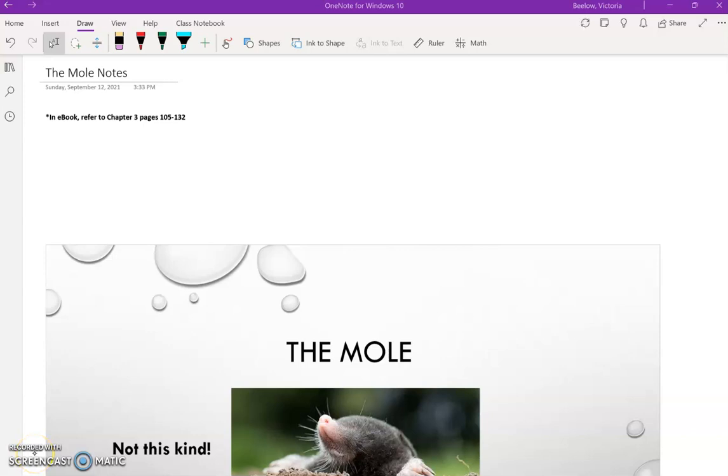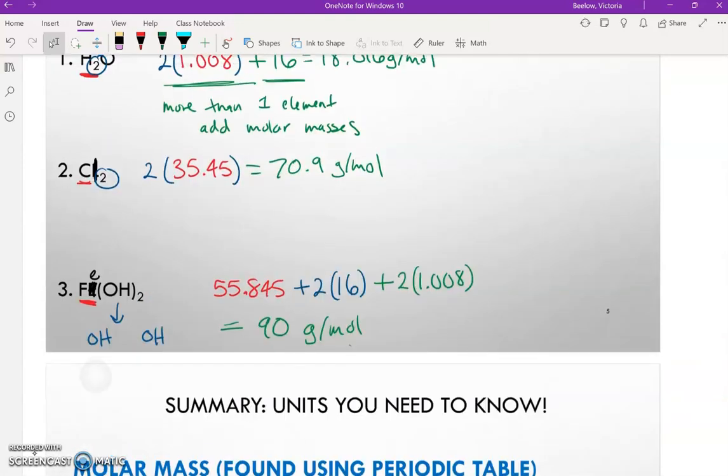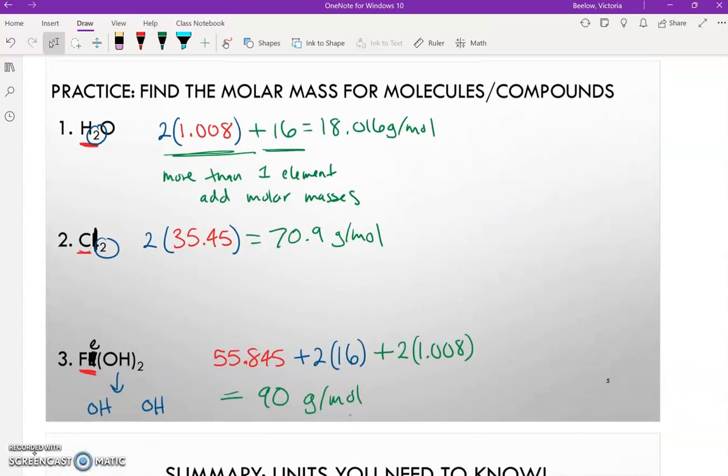In this video I'm going to be going over the last type of problem that combines everything we've talked about so far in the moles notes and in terms of mole conversions. Up until this point we have talked about how to calculate molar mass using our periodic table.